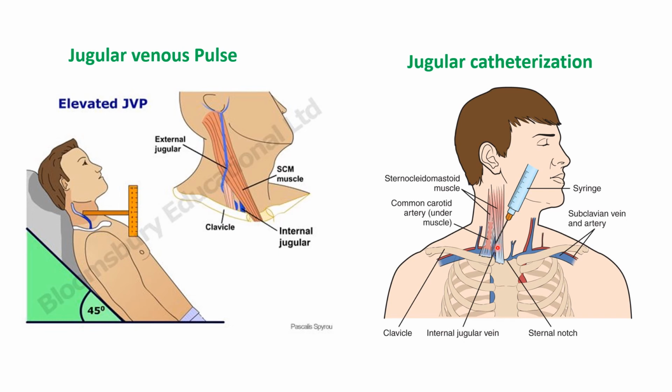So again, the placement of the internal jugular vein and the subclavian vein, and the relations of the structures which are present around them, becomes of utmost importance when you're trying to catheterize either one of them, because you need to know what structures are present in relation to it so that you don't inadvertently damage them. With the jugular vein, you know that the carotids are going to be present.